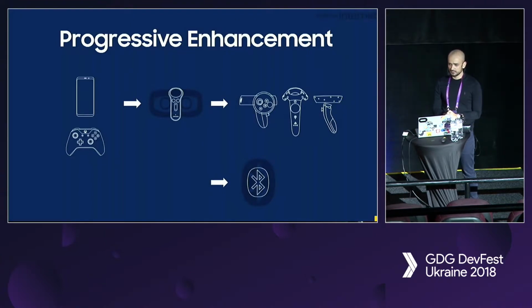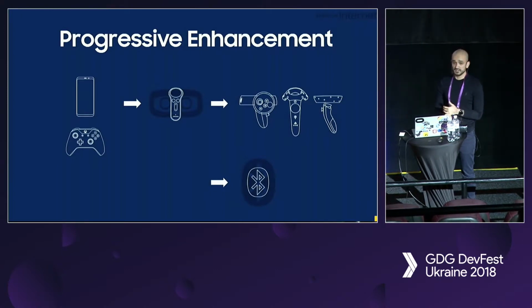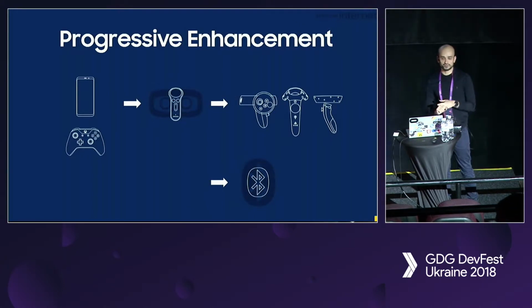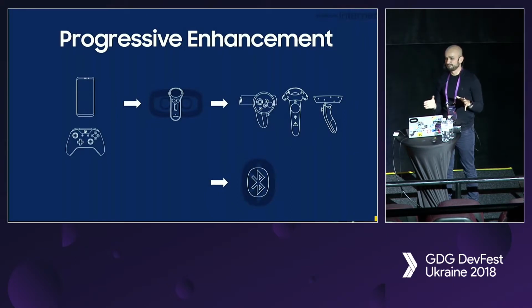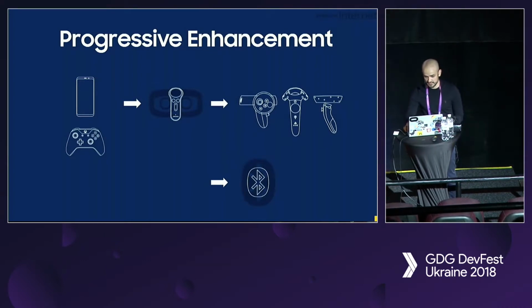And more than that, can I hook up, for example, gamepad controllers? Can I hook up web Bluetooth devices? Think about Sphero, think about drones, think about anything that you can plug in with Bluetooth that you can now enable as a controller in your web application.